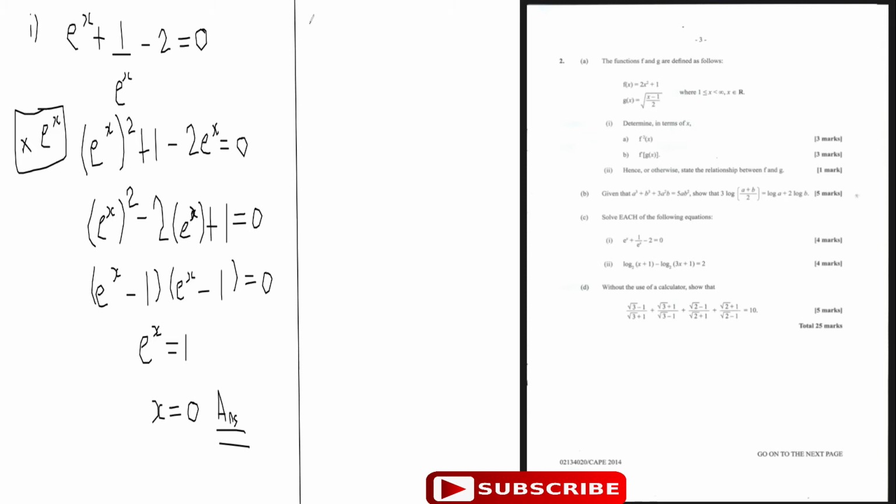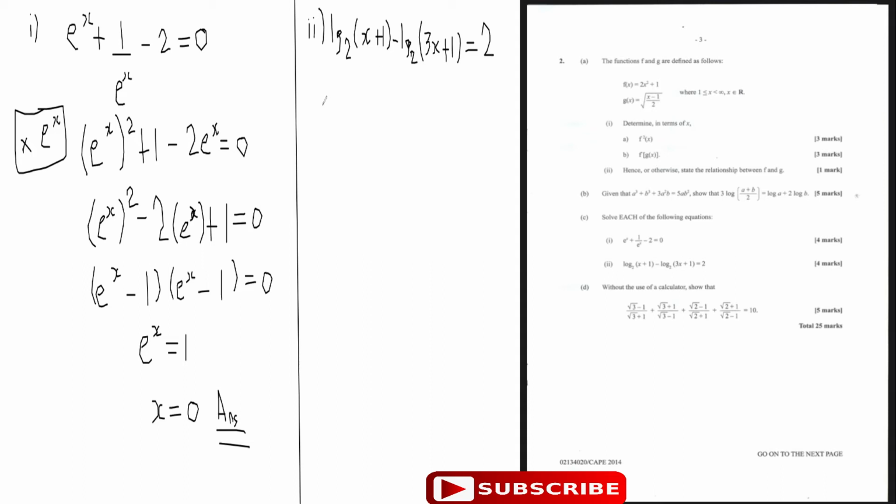This is now logarithms, and this log part of the question is telling us that we have log to base 2 of x plus 1 minus log to base 2 of 3x plus 1, and they're telling us that this is equal to 2.